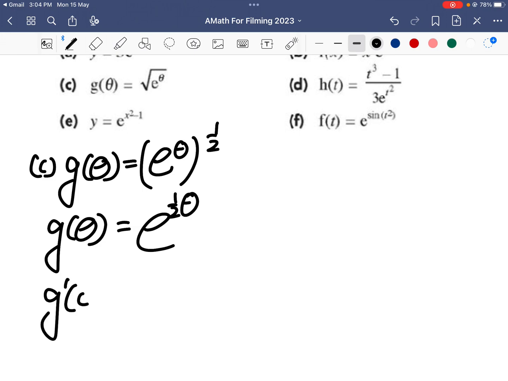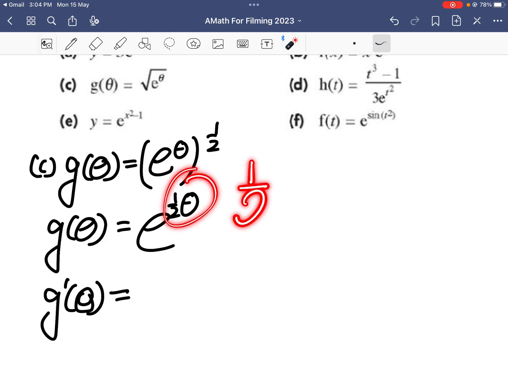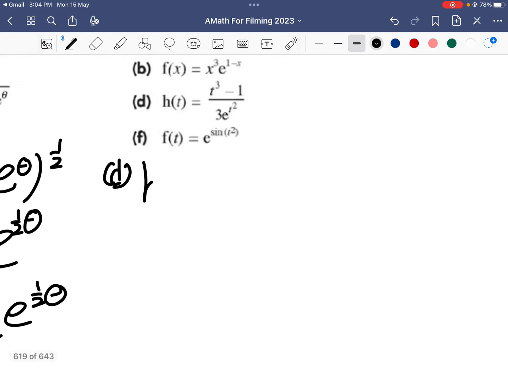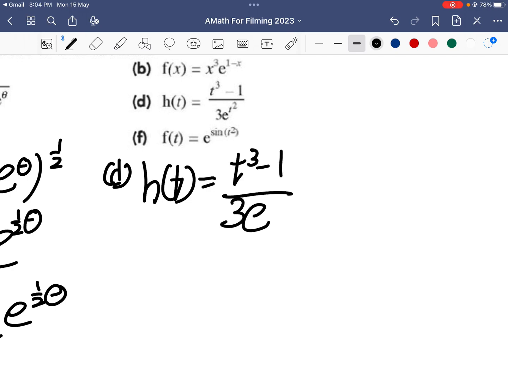Now, if I were to differentiate with respect to theta, half theta differentiated with respect to theta gives you half. So I just bring it up in front, half e to the power of half theta. Now, something slightly more complicated. If I have a function h, with respect to t, I get t cubed minus 1 over 3e t squared.